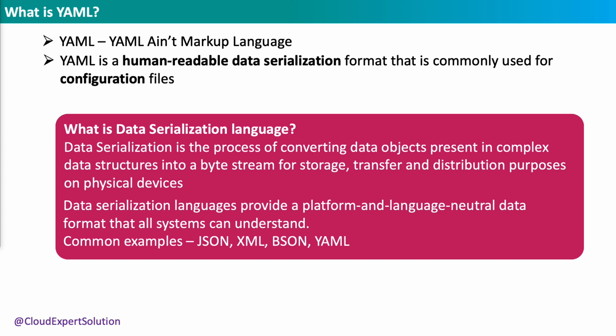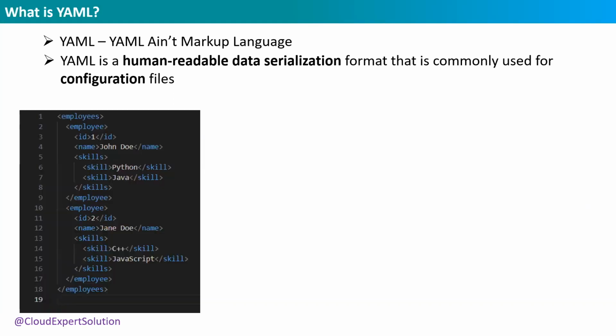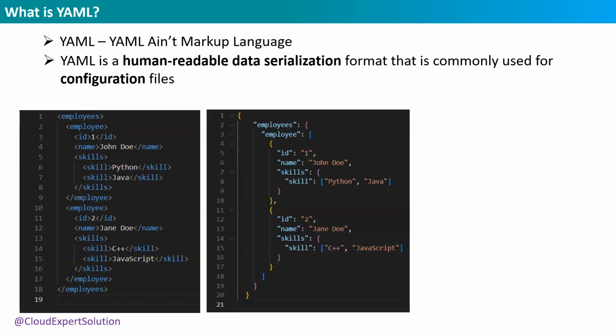Now let's compare how a YAML file looks in contrast to an XML file or a JSON file. We'll start with XML, and this is one XML where I'm trying to store employee details. I have two employees. In JSON representation, it will be represented like this. There will be curly braces and then some indentation.